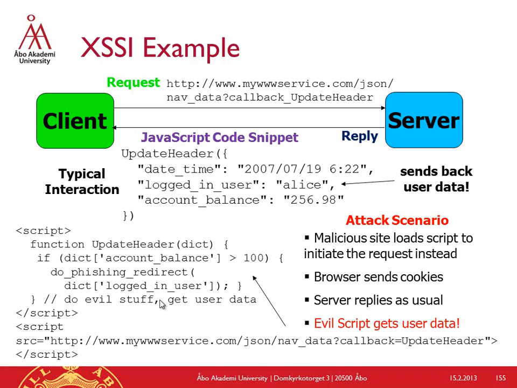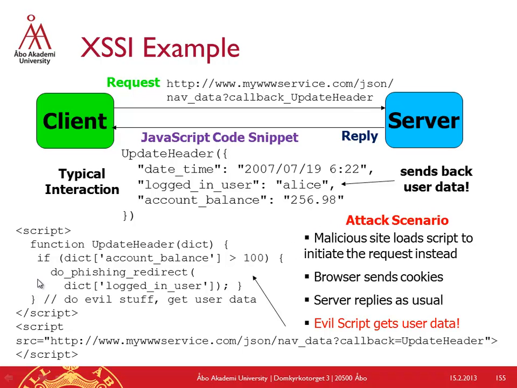So if an attacker tries to attack these things, this function, like update header, might be changed in a malicious web page, and the sensitive data will still be submitted to this updated function, and the attacker will receive this sensitive data and can do something wrong.